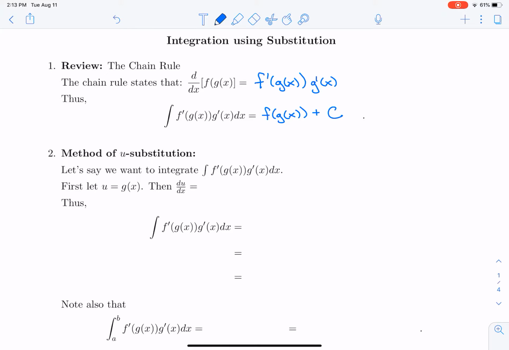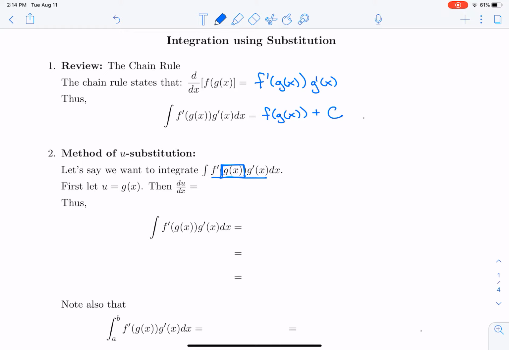So this is going to lead us to our method, which is called u substitution. So let's say we want to integrate f prime of g of x times g prime of x. The method that we usually use is to look for the function that's on the inside of the composition of functions. We want to look for g of x, and we're going to let u be g of x.